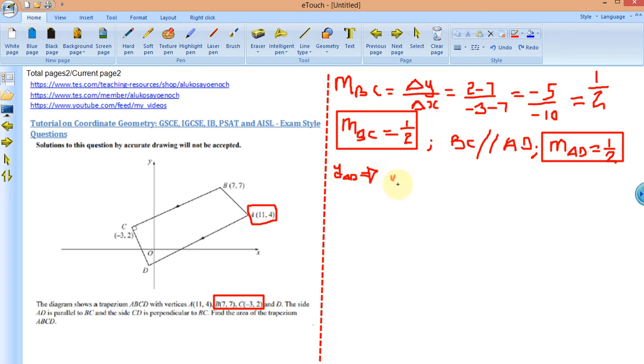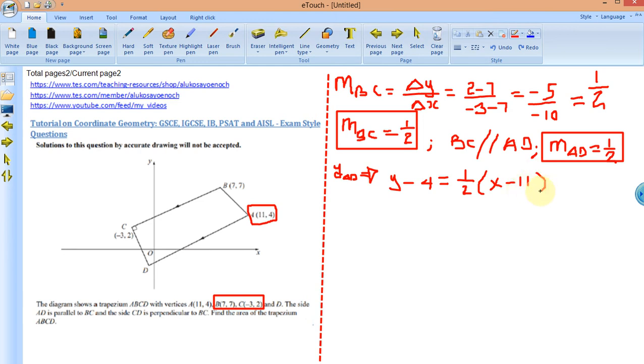So y minus y1, and our y1 here is 4, so y minus 4 equals m, which is half, into x minus x1. Now x1 is 11.